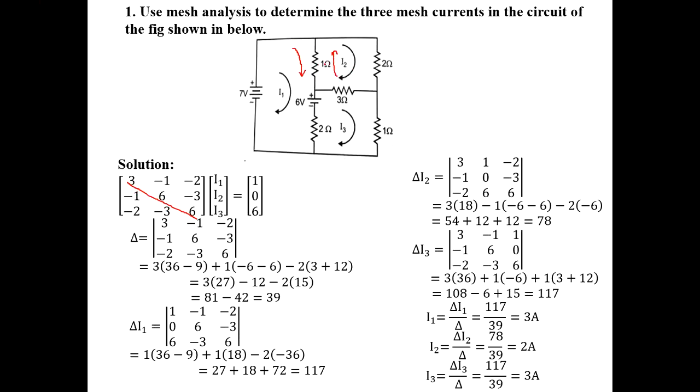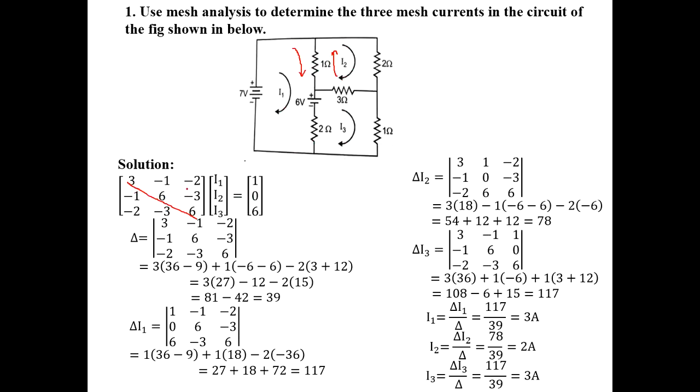Both currents are in opposite directions, so we put the minus sign. Keep in mind, the diagonal values are only positive and the remaining elements are negative. And one more thing, the loop direction is always clockwise.